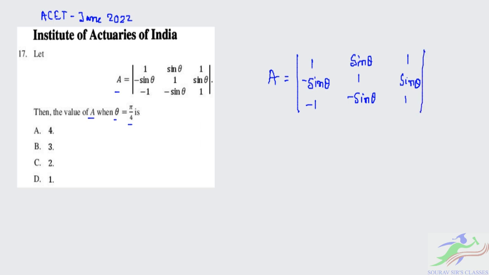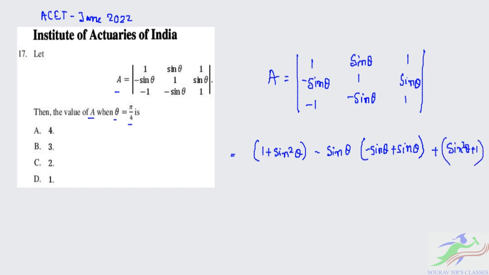Now if we do the calculation, it will be 1 plus sine square theta, minus sine theta plus sine theta, and this is plus sine square theta plus 1.